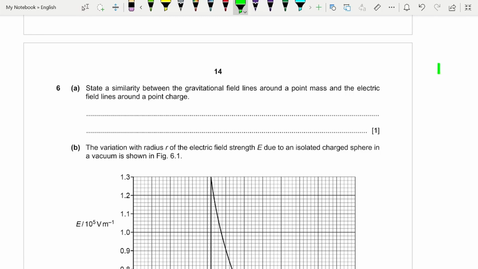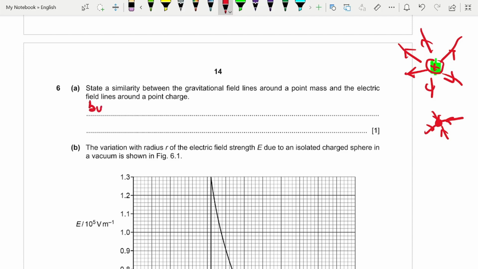If you have a positive charge, the field lines are radial, they radiate outwards. And if you have a point mass, the field lines are inwards. So one of the things that makes them common is that they're both radial, and that's very important. So both have radial field lines.